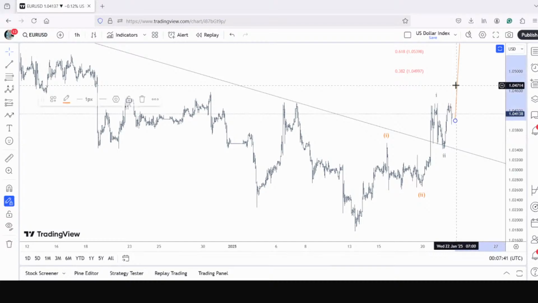Normally wave twos are not triangles, but in case of the consolidation continuation, it might be a triangle as well, or maybe one more subdivision is taking place right now. So maybe the third wave is extending.